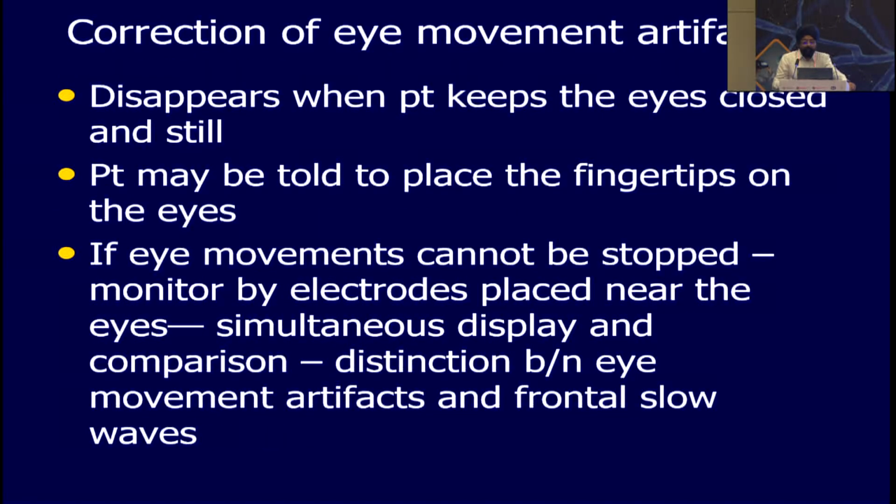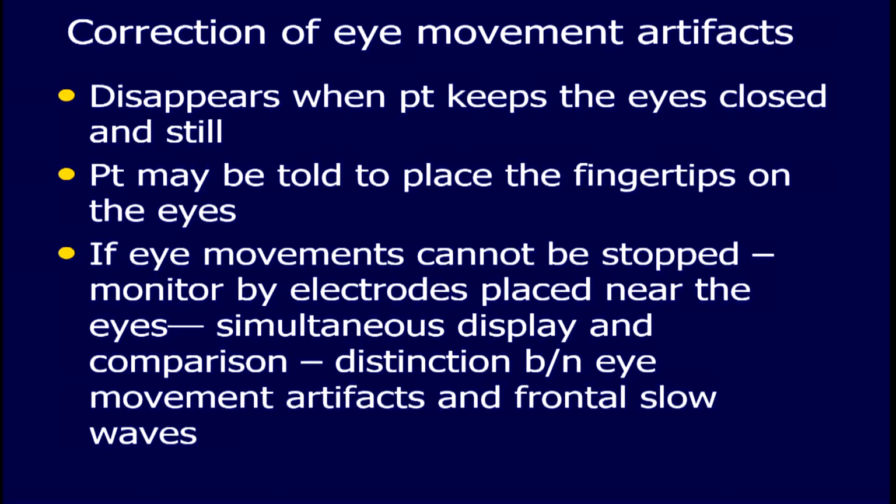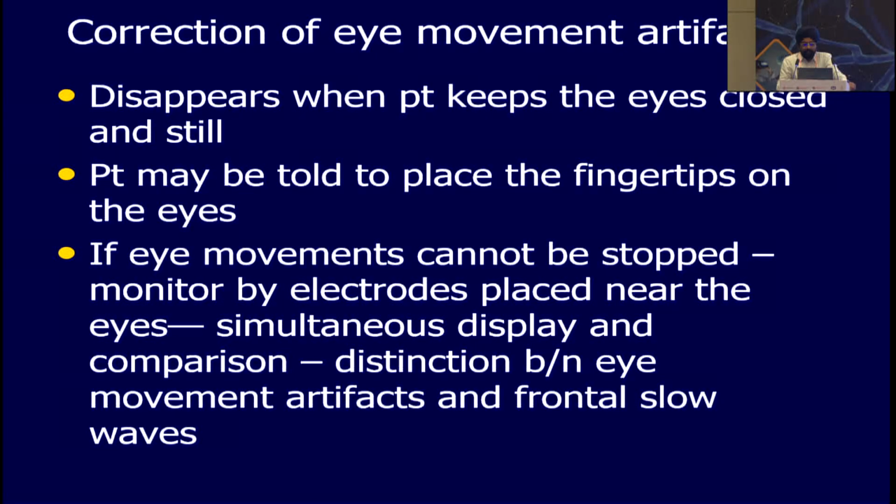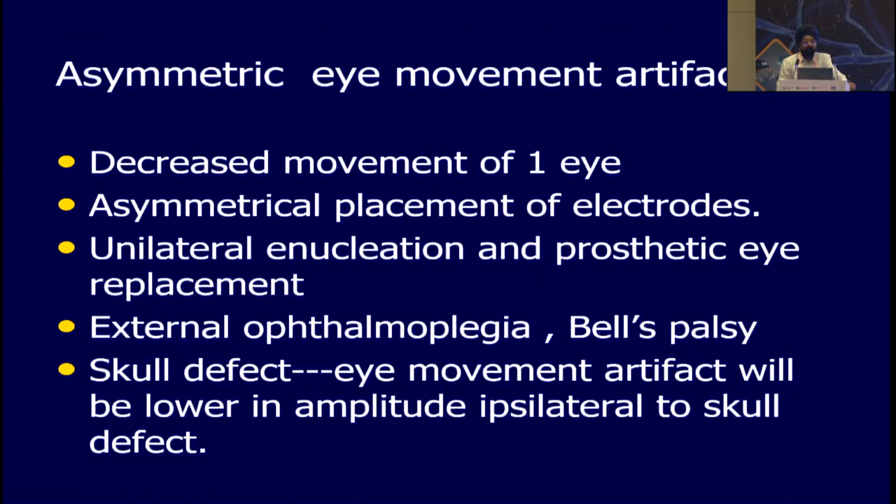So how do you correct these eye movement artifacts? It disappears when the patient keeps the eyes closed and is still. The patient may be told to place the fingertips on the eyes. If eye movements cannot be stopped, monitor with electrodes placed near the eyes, which can demonstrate simultaneous display and comparison, that is, the distinction between the eye movement artifact and the frontal slow waves can be demonstrated.